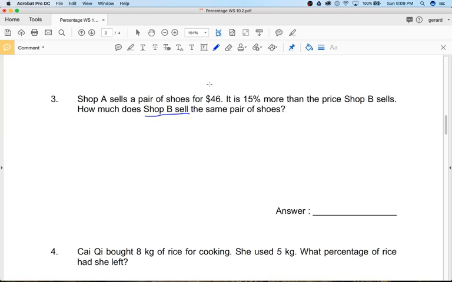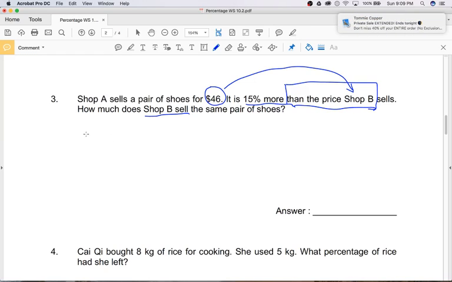And we see that this part says it is 15% more than the price of Shop B. So this tells us that this $46 we're comparing to Shop B, which means Shop B has to be 100%.